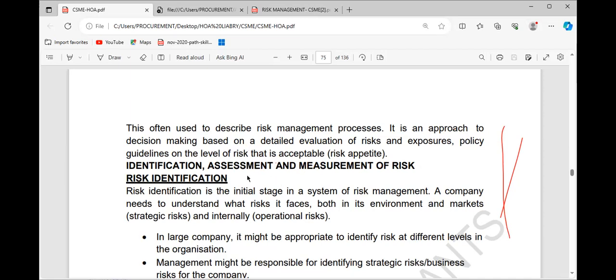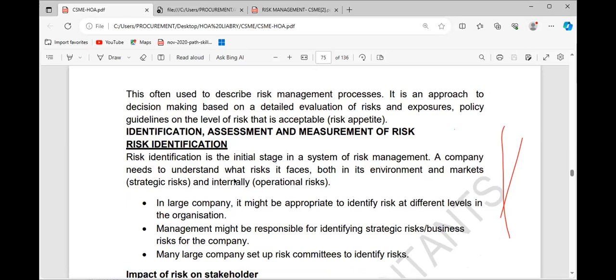Now, identification, assessment and measurement of risk. Anytime you want to treat risk, the first thing is to identify risk. You must identify the risk that is present, and which is always present.